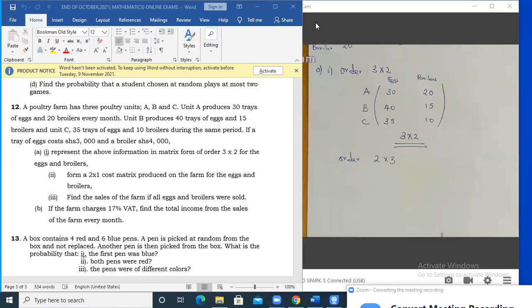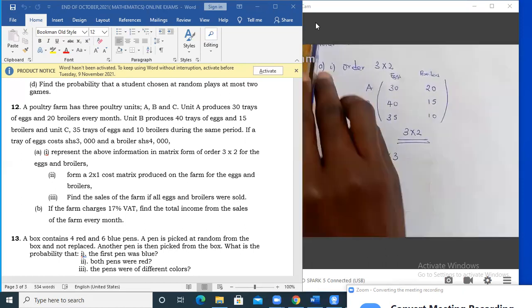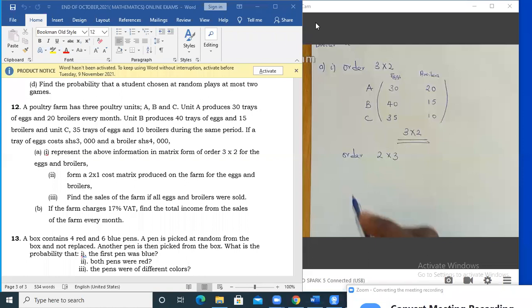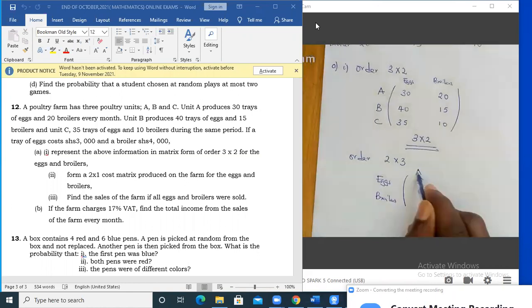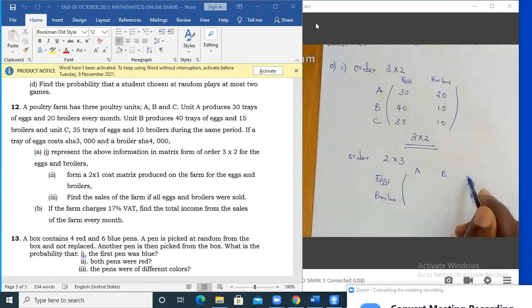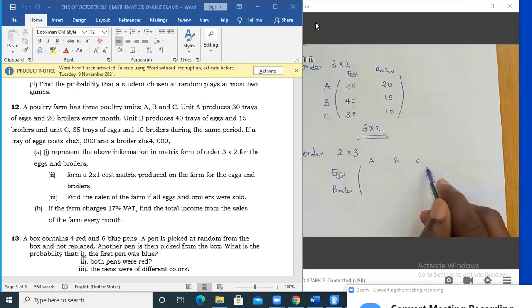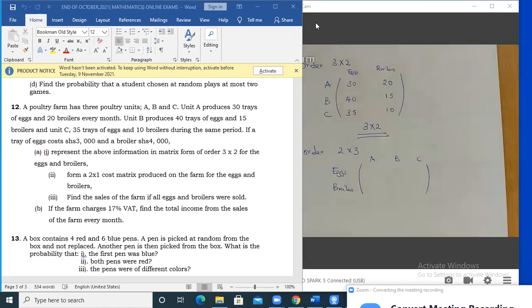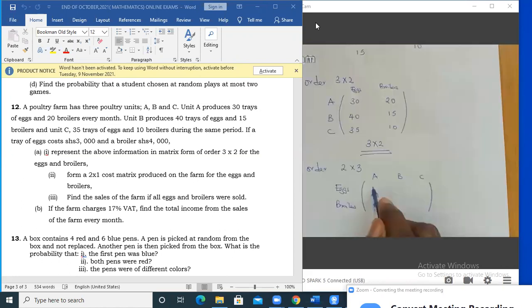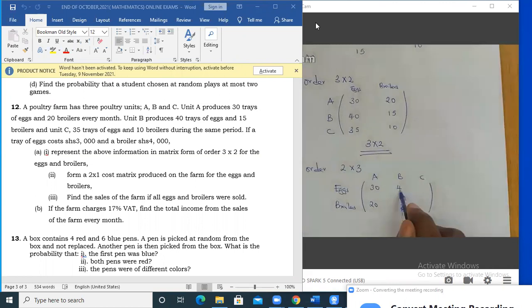So the 2 rows must come from the products, the eggs and the broilers, then A, B, C. So this one will be 30, 20; 40, 15; 35, 10.